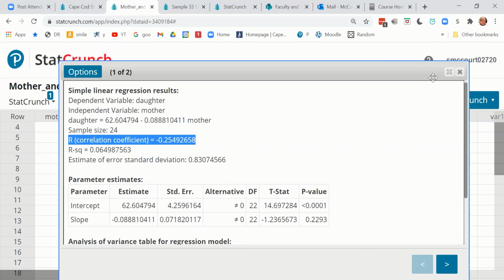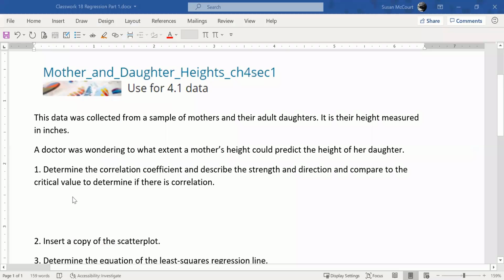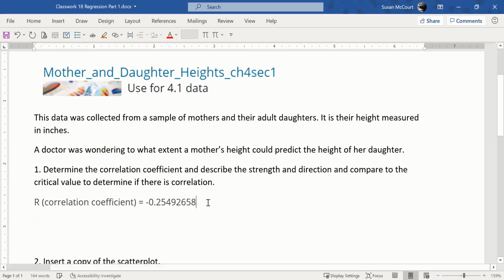I'm going to copy that. And this is a negative and weak correlation.